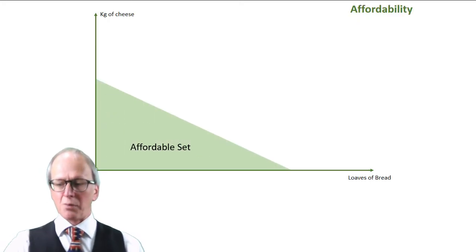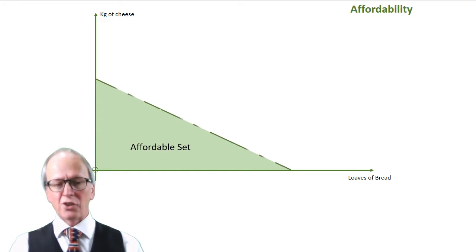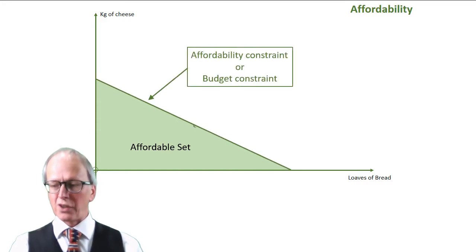As we're developing our model of choice, we're going to need to understand 2 properties of every consumption bundle. The first one we're showing here is whether or not the person making the choice can afford to purchase it. The second one, which we'll discuss later, is whether this person would prefer a different consumption bundle within the affordable set.